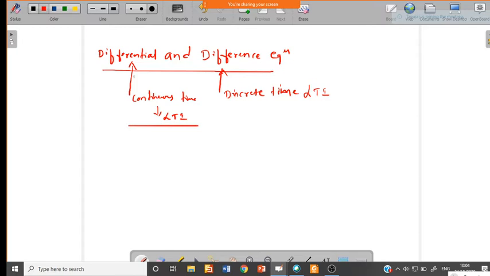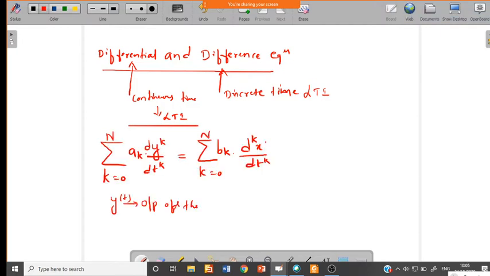Here, y and x, whatever we are defining: y is nothing but your output, that is y of t, which will be represented as the output of the system. Similarly x of t will be the input of the system.